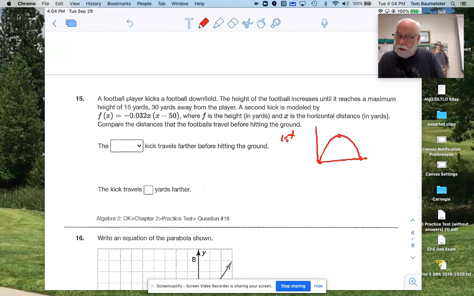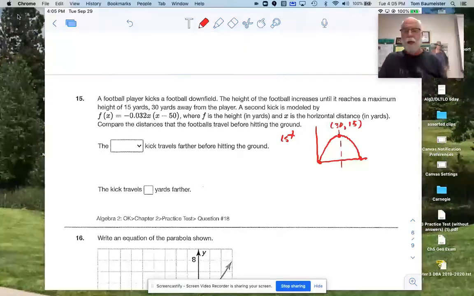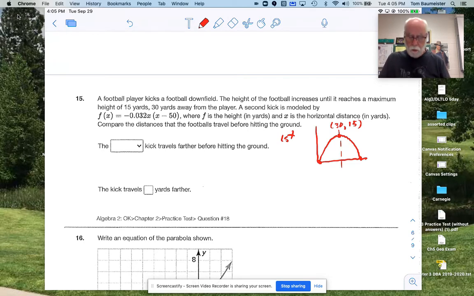So right there is our vertex, and our x is 30 because it says 30 yards, and then our height is 15. This is our axis of symmetry, and remember the x values are equidistant from the axis of symmetry. So this one here would be 30 yards. That would make this one here also be 30 yards. So on this one, our total distance is 60 yards.